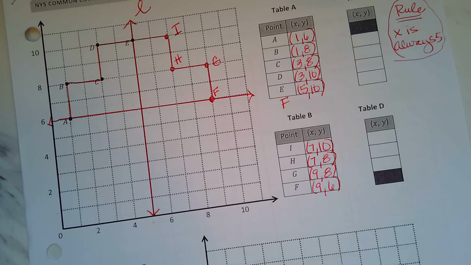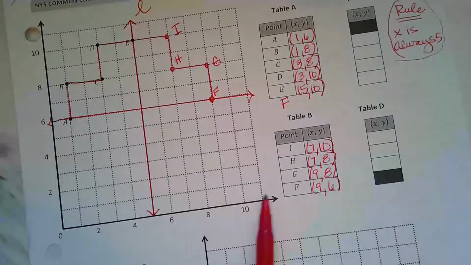Well, hopefully what you're thinking in your head right now is the y coordinates are always the same. The x coordinate changes, but the y coordinates don't. So why is this true? Well, we are moving across a vertical line to draw the points. When we move left and right, it changes the x, but not the y.